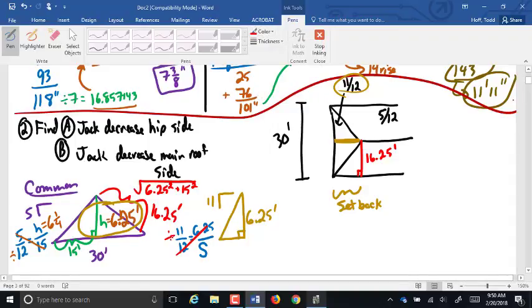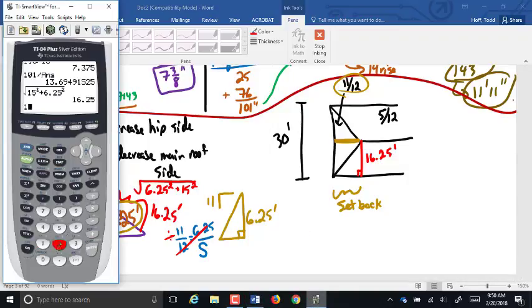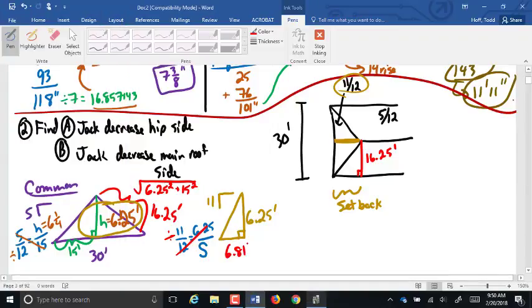12 times 6.25 is 75, divided by 11 is 6.81 feet. So we're at 6.81 feet, which is our setback. Now we can find that length.